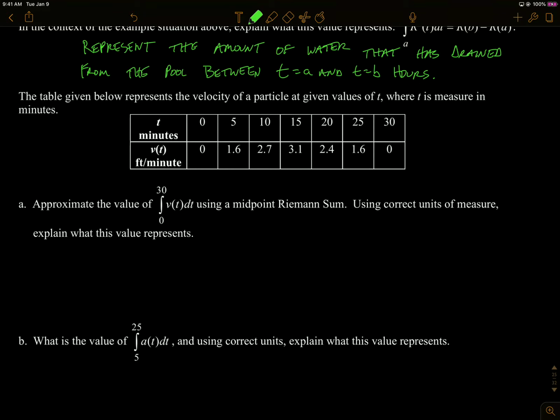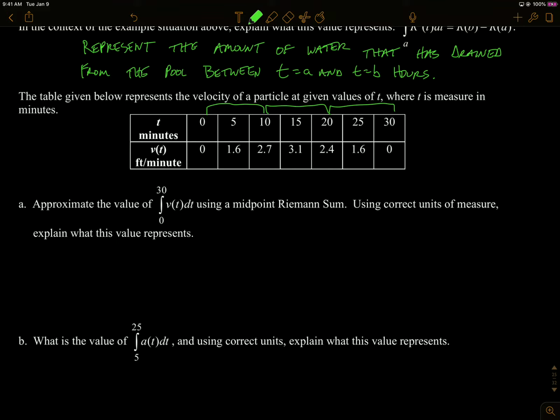So if we use this table given below, it represents the velocity of a particle at different times t. We want to approximate the value of the integral from 0 to 30 of v of t using the midpoint Riemann sum, using correct units of measure, and explain what this value represents. So let's do 1, 2, 3 subintervals here. And those are all midpoints there.